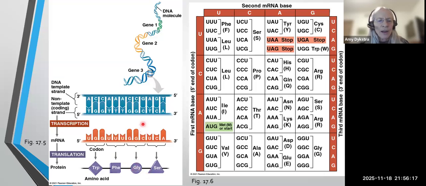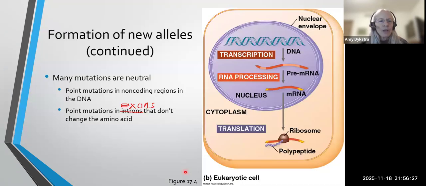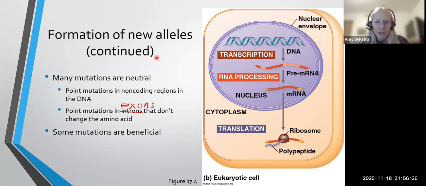So a mutation there, it'll be a nucleotide mutation, but it'll be a neutral variation. It won't cause a change in the amino acid. So many mutations are neutral. And then occasionally, rarely, mutations are beneficial and they can actually give an individual a survival advantage.